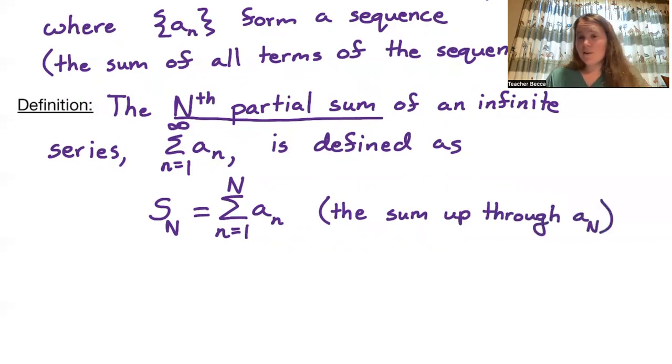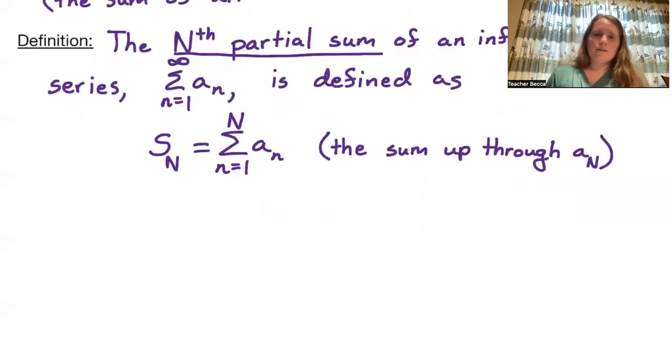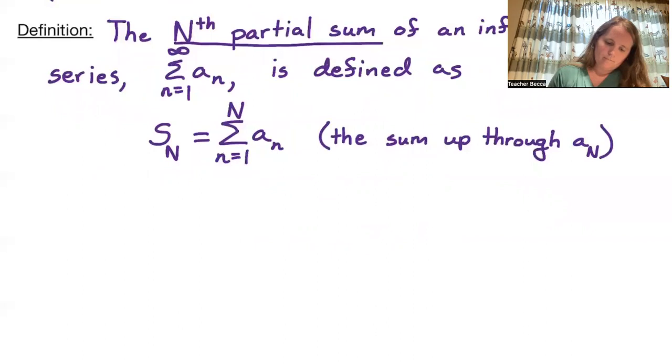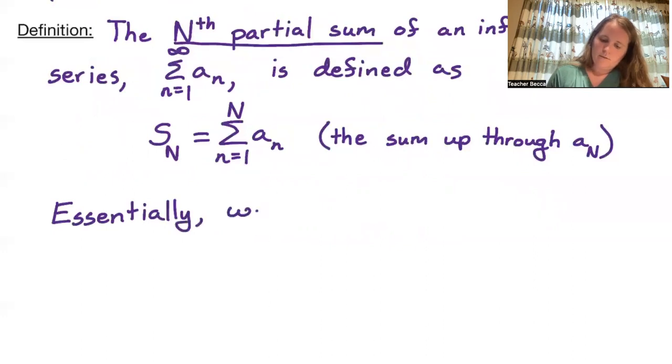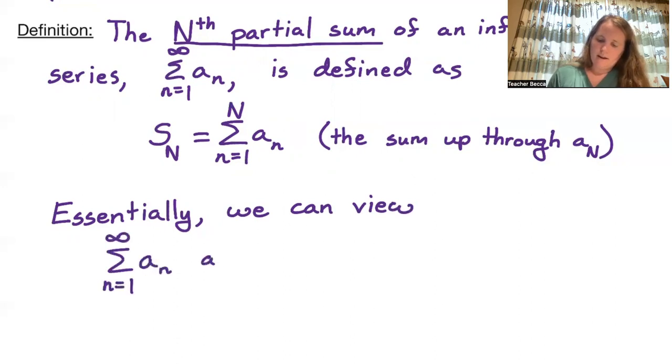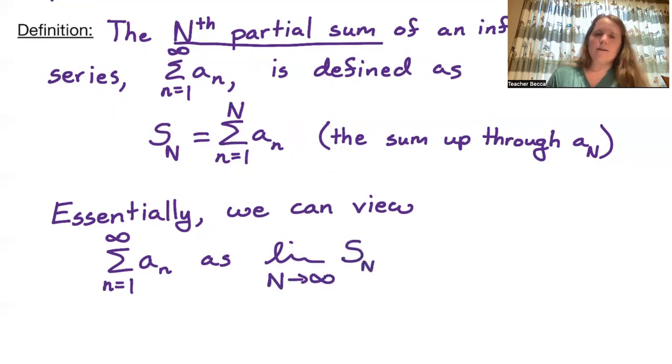And it turns out that we will use this to define our infinite series. So essentially, we can view the infinite sum, the sum from n equals 1 to infinity of a sub n, as the limit as capital N goes to infinity of our partial sums S sub n.